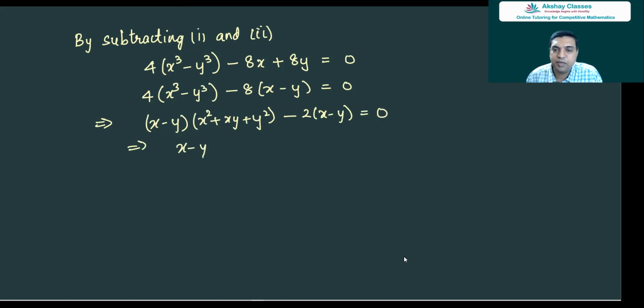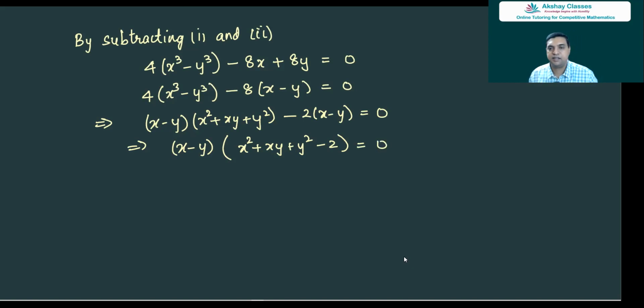So we get x minus y times the bracket minus 2 equal to 0.